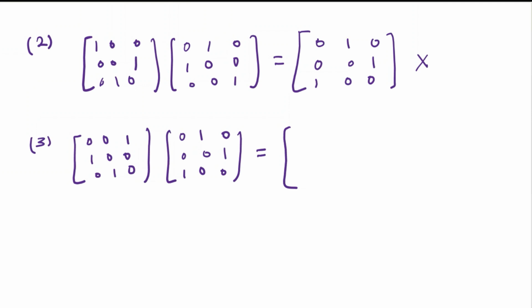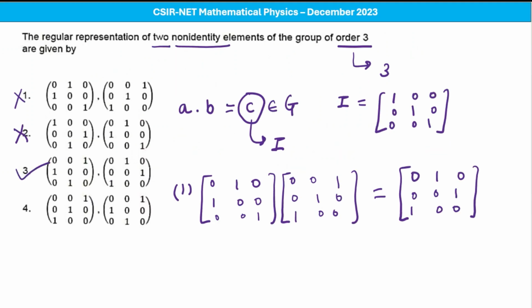It will give us 1 0 0, 0 1 0 and 0 0 1. Is it the identity element? Yes, it is. So this is the correct answer.